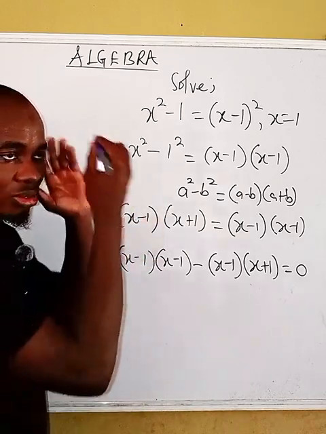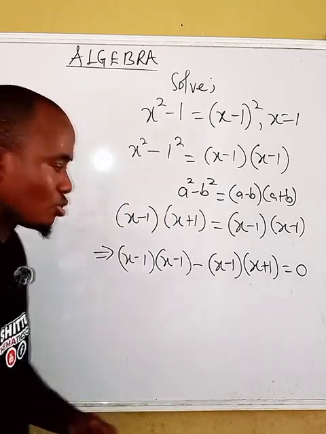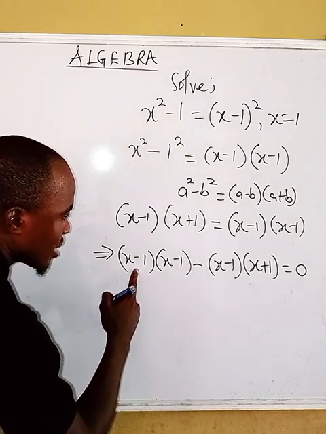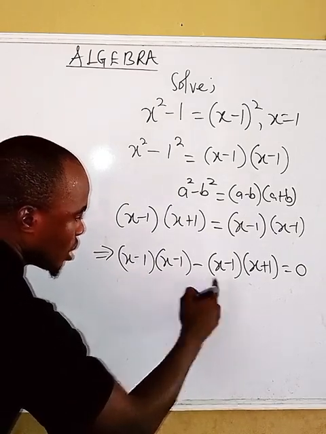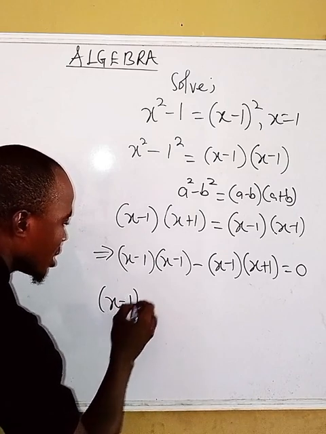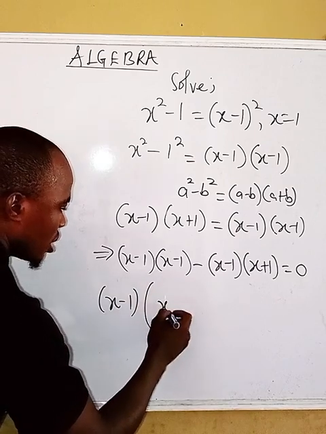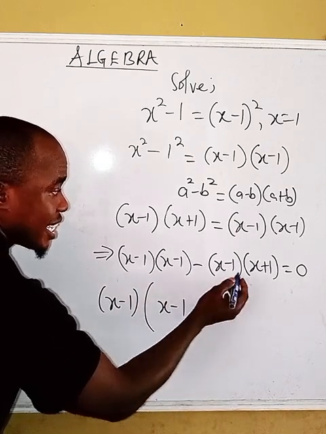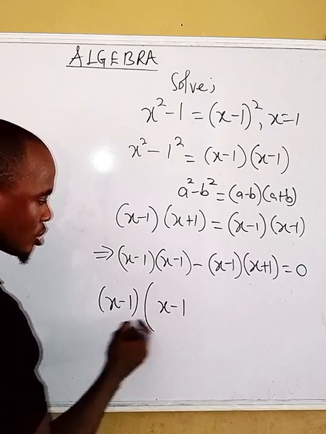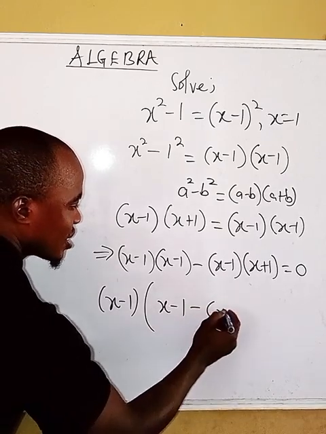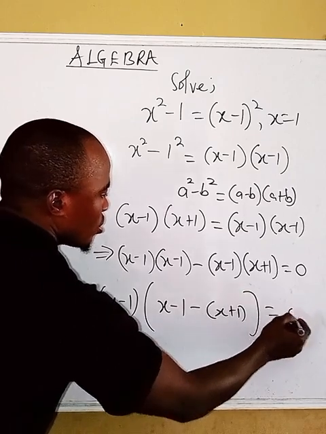Left to me, it doesn't take too much time. Here you can see we have x minus 1 and x minus 1. X minus 1 is common, so we factorize it out. This place we are left with x plus 1, then here we cancel this x minus 1 and have minus x plus 1, equals 0.